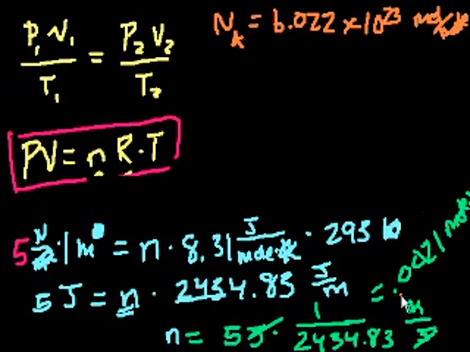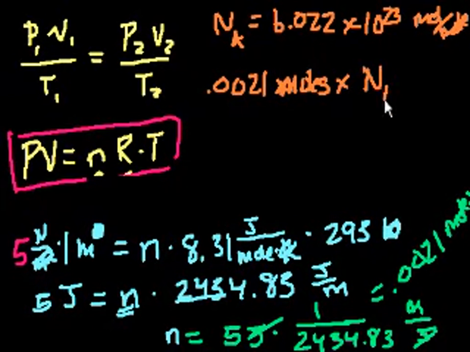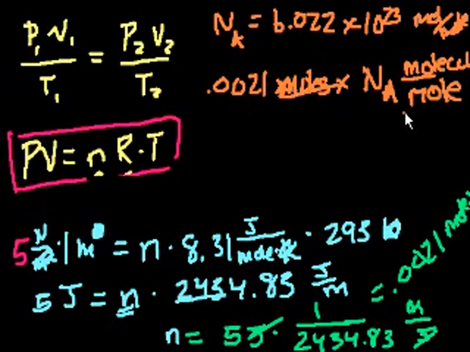So if I have 0.0021 moles, how many molecules do I have? Well, I just multiply that 0.0021 moles times Avogadro's number, molecules per mole. Maybe I should write the whole thing: molecules per mole. So then the moles will cancel out.